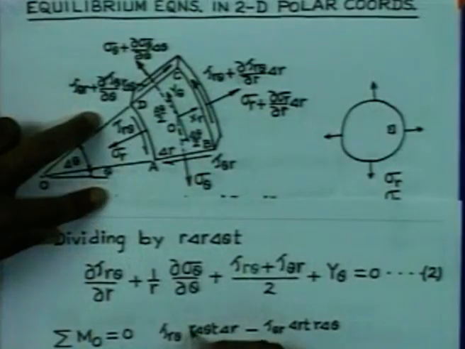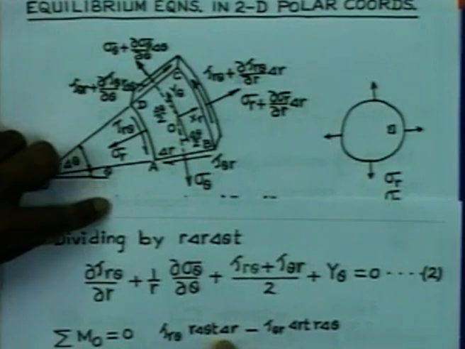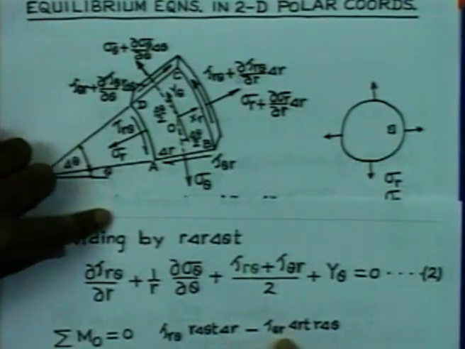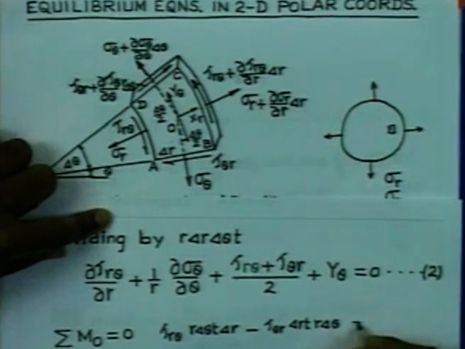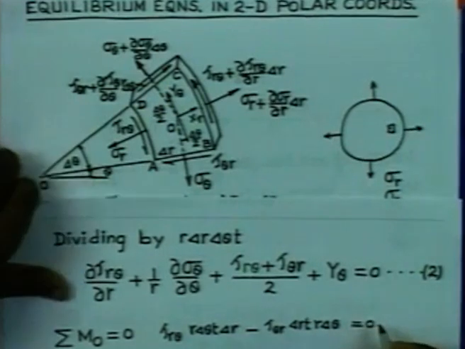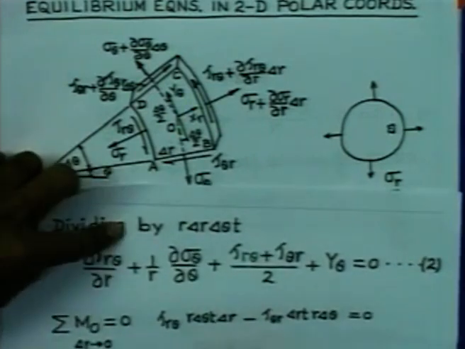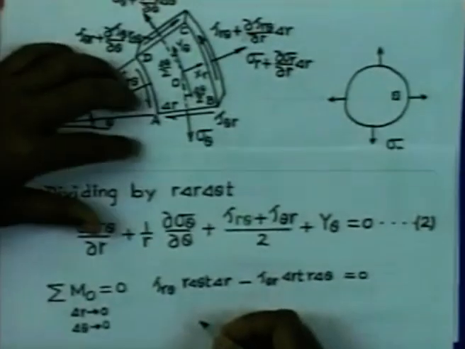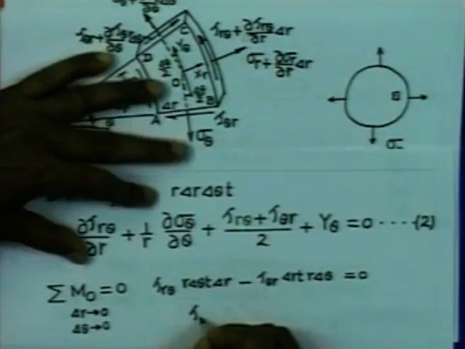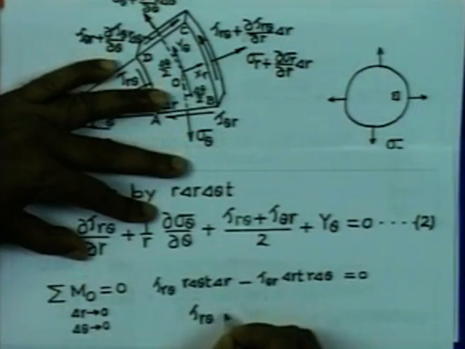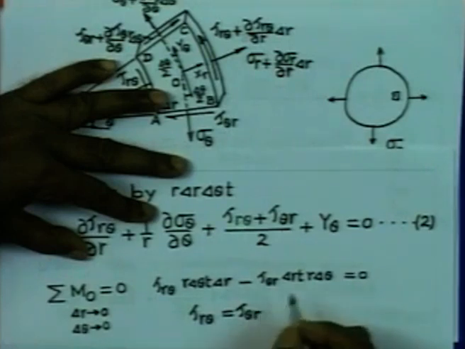Therefore, we have tau r theta into r delta theta into t into delta r minus tau theta r into delta r into t into r delta theta equal to 0. That is the moment equilibrium equation, and in simplified form it comes out that tau r theta is equal to tau theta r.